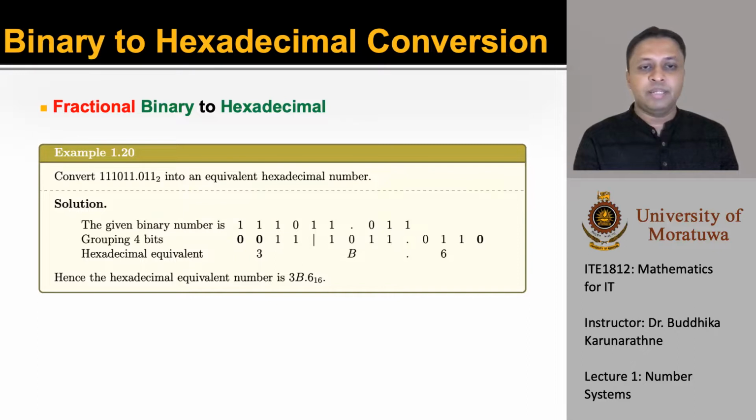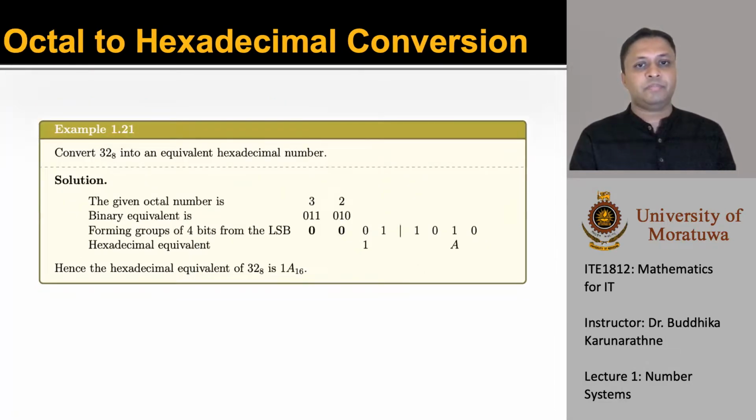And the corresponding hexadecimal digit in this case is 6. And the integer part is 3B. So the final equivalent hexadecimal number is 3B.6. So that's how we convert a binary number to hexadecimal.